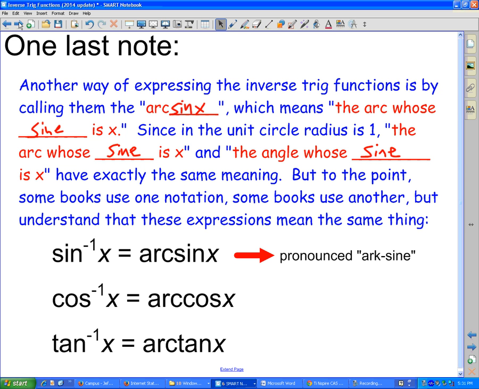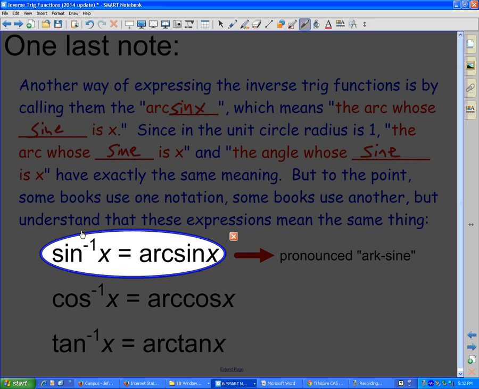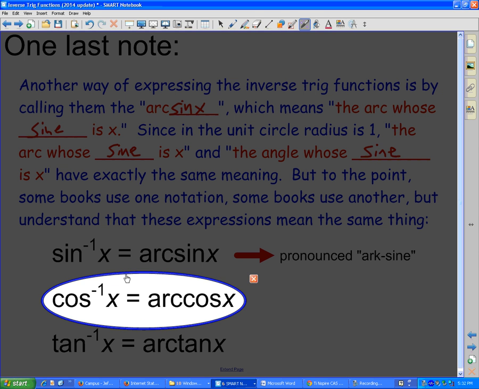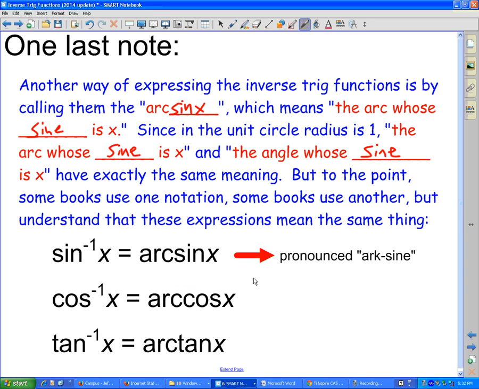And so the inverse sine and the arc sine have exactly the same meaning. Inverse cosine, arc cosine, exactly the same meaning. So if you ever are taking an ACT or a SAT and suddenly you see this arc notation, don't freak out. All it means is inverse. Arc cosine is the same as inverse cosine. But we're going to keep using the inverse notation.